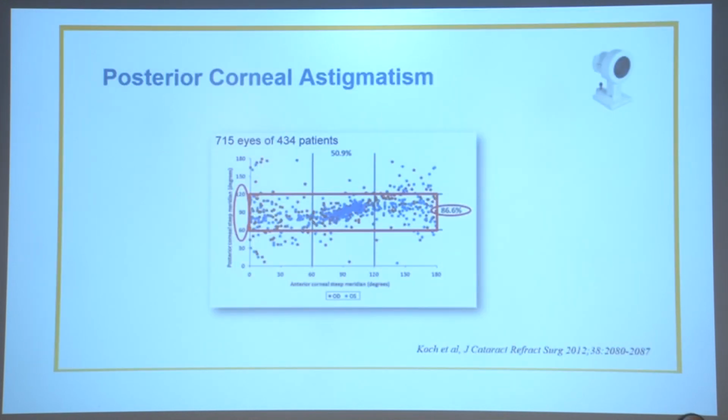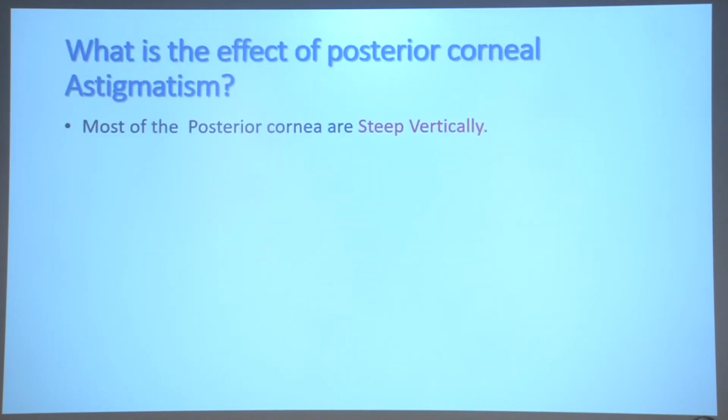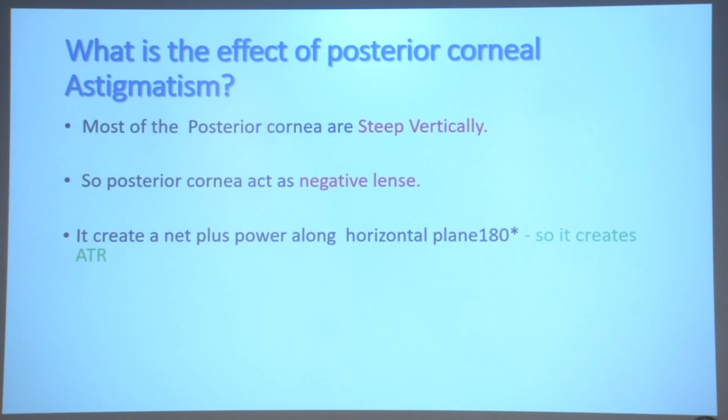So Dr. Douglas Koch studied 715 eyes of 434 patients, and he found there is a strong correlation between the front cornea and the back cornea, whether it is with-the-rule or against-the-rule astigmatism. What he found was that most of the posterior corneas are steep vertically, so the posterior cornea acts as a negative lens. When it creates a net plus power along the horizontal plane, it creates against-the-rule astigmatism.